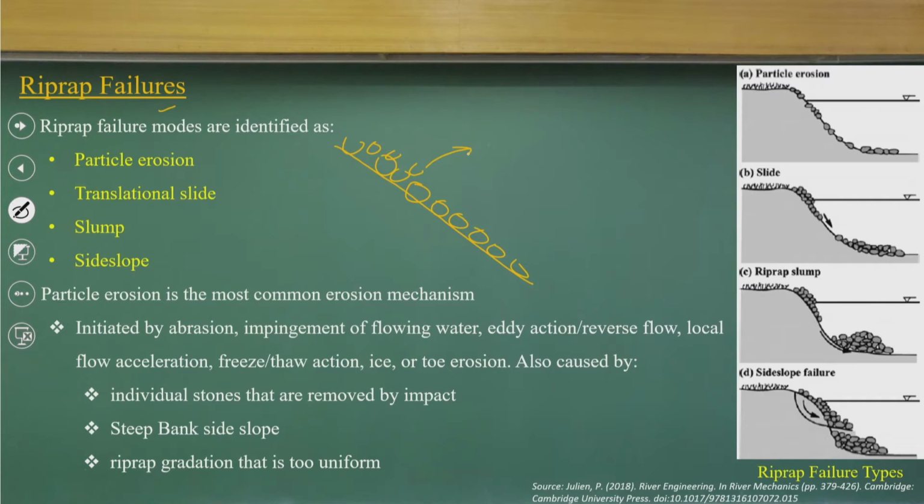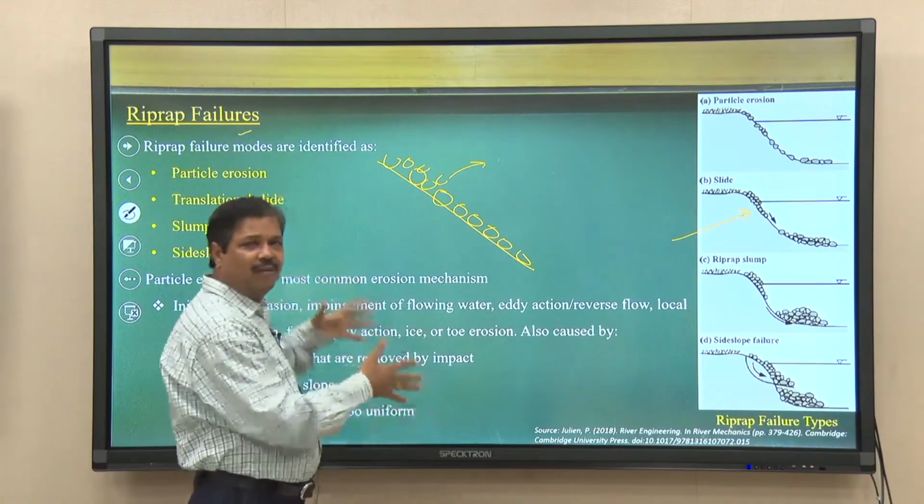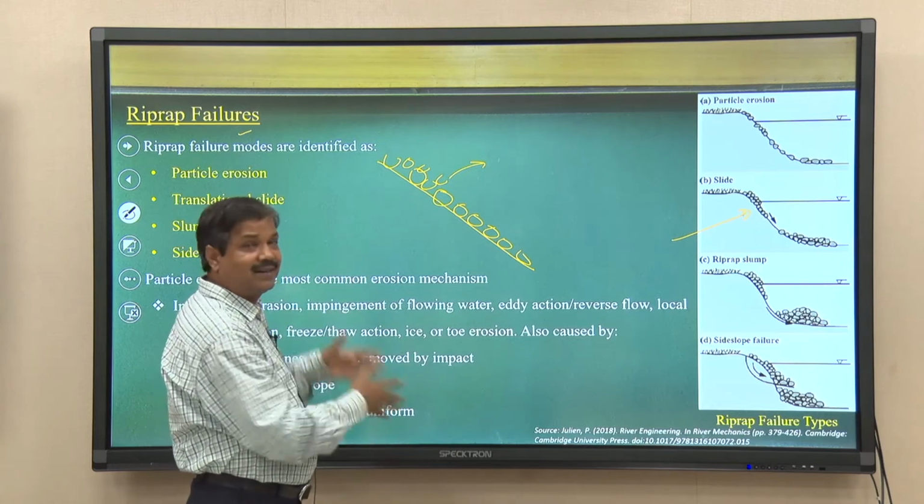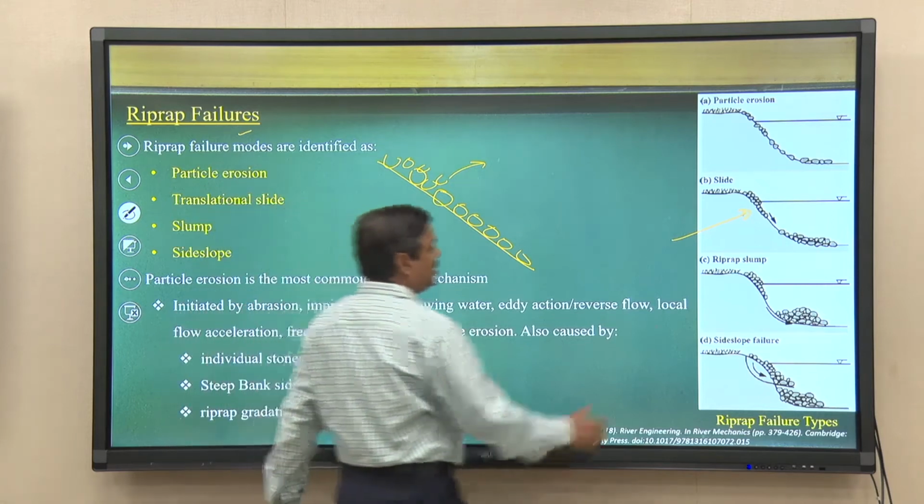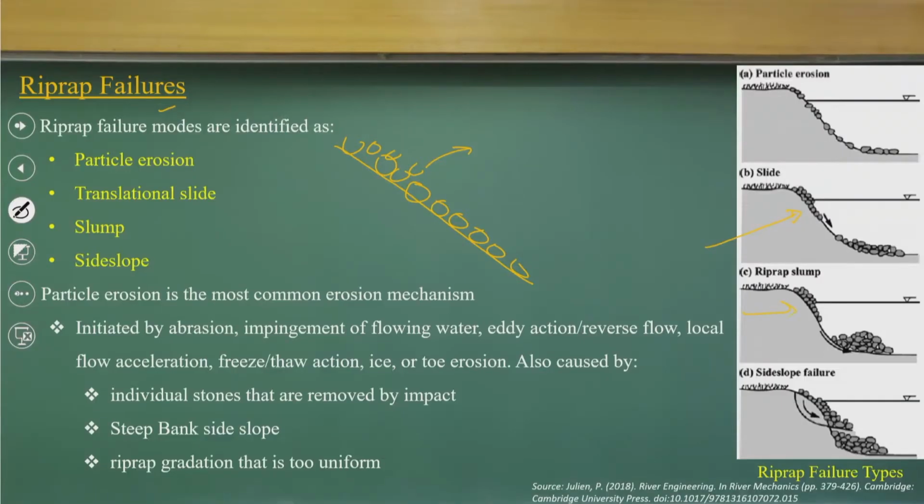That type of erosion can happen, or it can slide, as you can see in these figures. So, as a block all this riprap material can slide, or it can slump, or it can have side slope failures. Many times we have this type of failure.